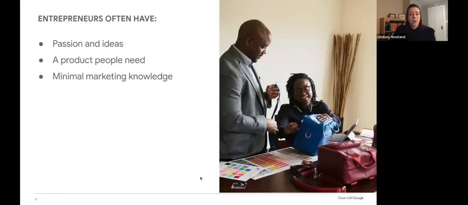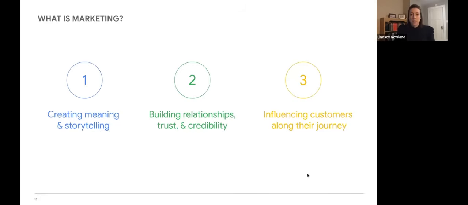A broad overview of what marketing really is: you create meaning through storytelling. You have building relationships, trust, and credibility, and then influencing customers along their way. Now, this is a very simplified way to view marketing, but it really is this simple. And think about that relationship that you're having with that person that you're talking to.